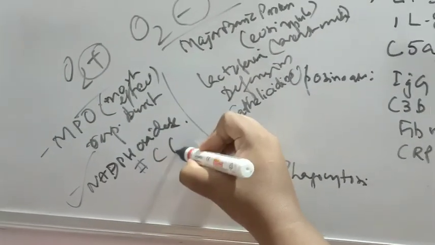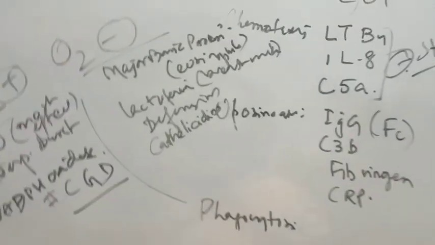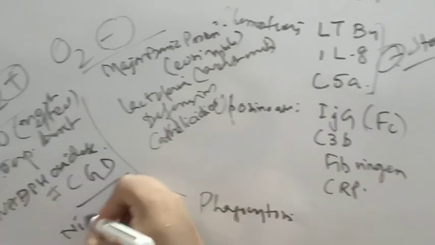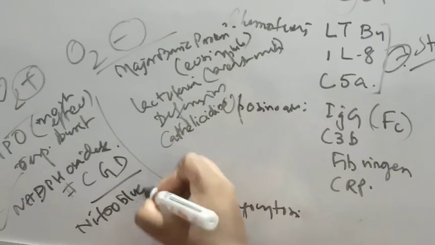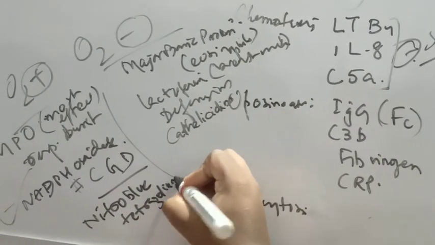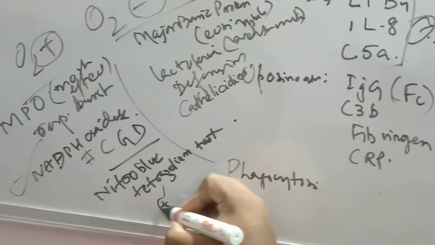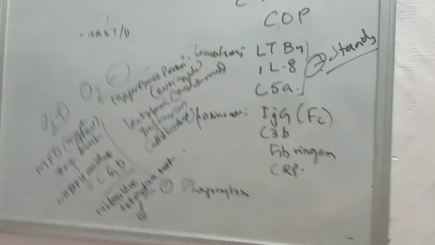The deficiency will lead to CGD, chronic granulomatous disease, and the test here is nitroblue tetrazolium test. So the catch here is, usually when someone tells a test is positive, it means the disease is there.